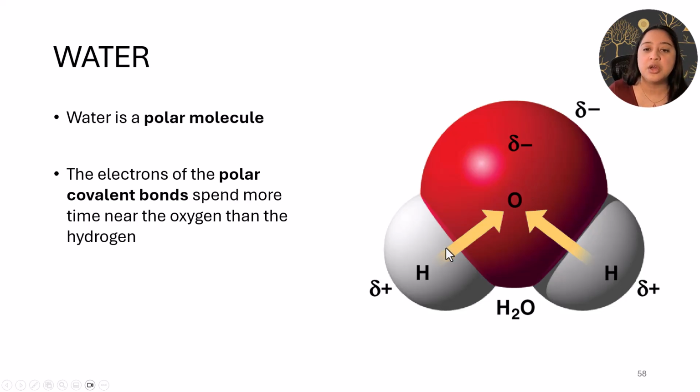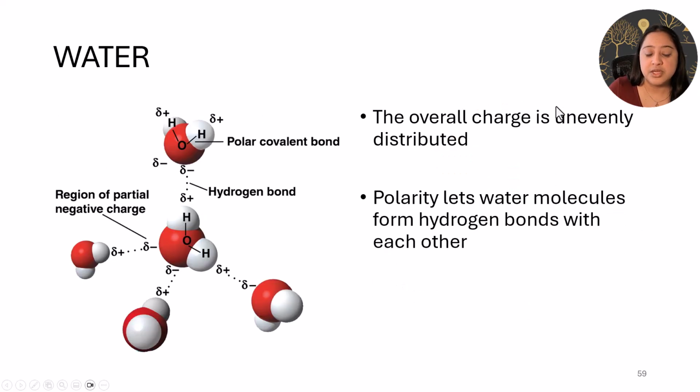And so water as a molecule has this because of the electronegativity of oxygen and how it kind of hogs electrons. So the electrons of these polar covalent bonds spend more time near the oxygen than the hydrogen, and that's what gives it the partial negative charge. And so this affects how water molecules interact with each other and then also other things.